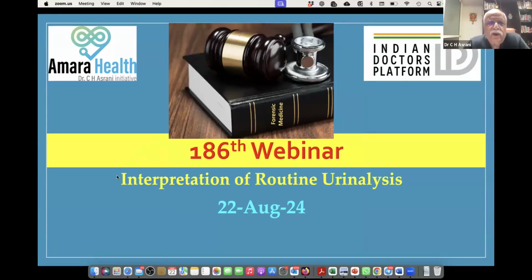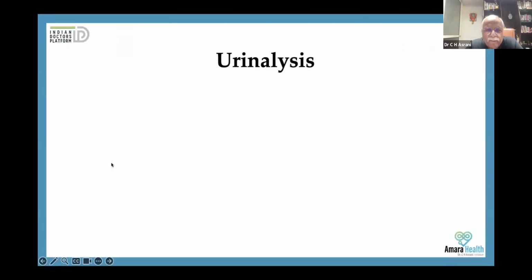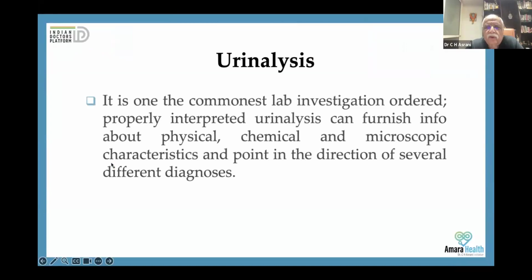So today we are talking on interpretation of routine urine analysis. One of the, or rather I would say the commonest investigation that we do in our practice. One of the commonest lab investigations ordered by both family physicians and after hospitalization.